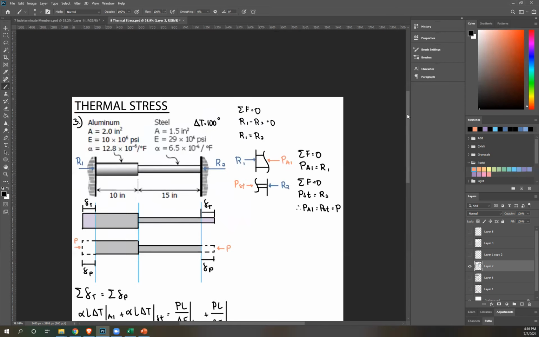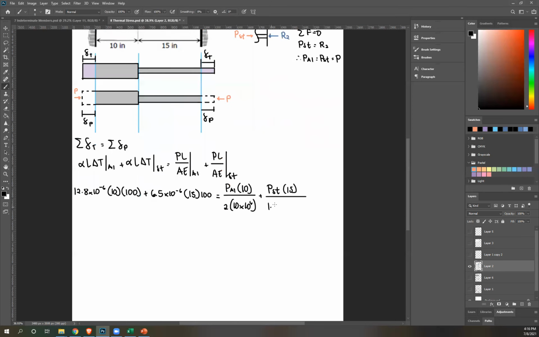Area is 1.5, and then 29 times 10 raised to 6. Okay, now we already know PAL equals PST. Therefore, this is just P. Okay, and from this, please solve what's P.